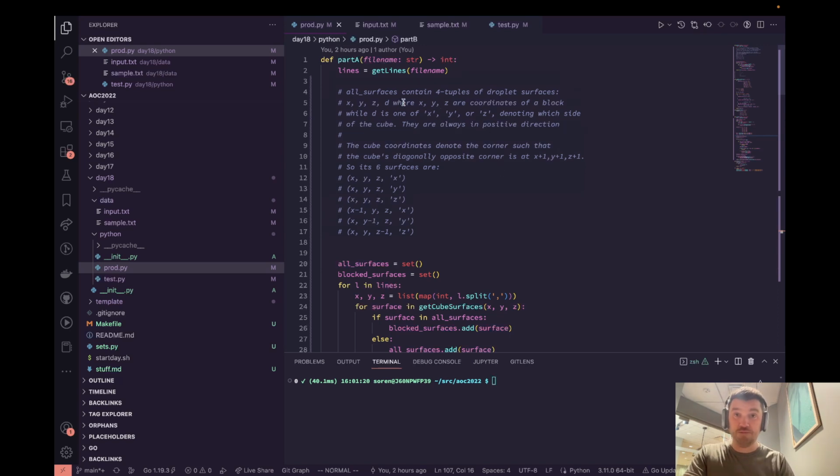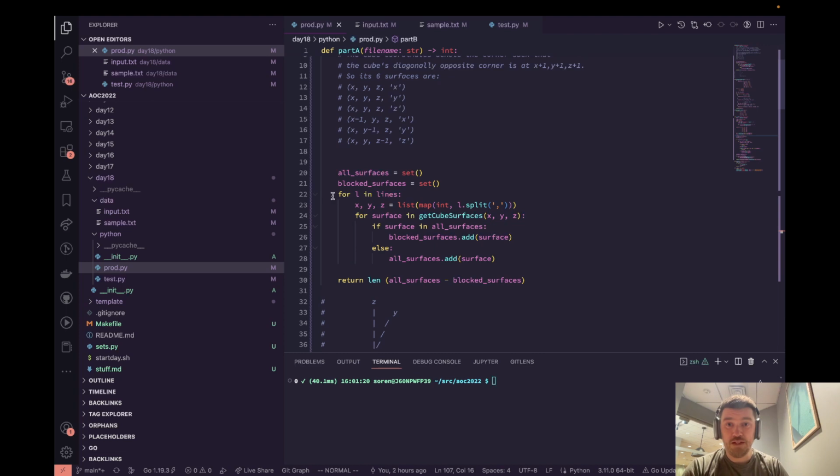So, part A, as usual, start by loading all the lines. For once, the input is very simple to parse. It's just the coordinates, so that's pretty straightforward. That's what we're doing here. So we create a couple of sets. We have a set that has all the surfaces in it, and then we have one that has all the blocked surfaces.